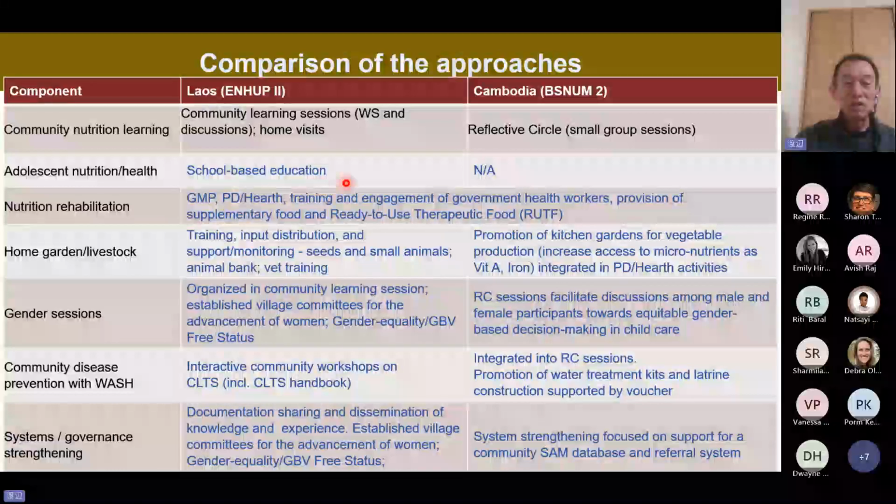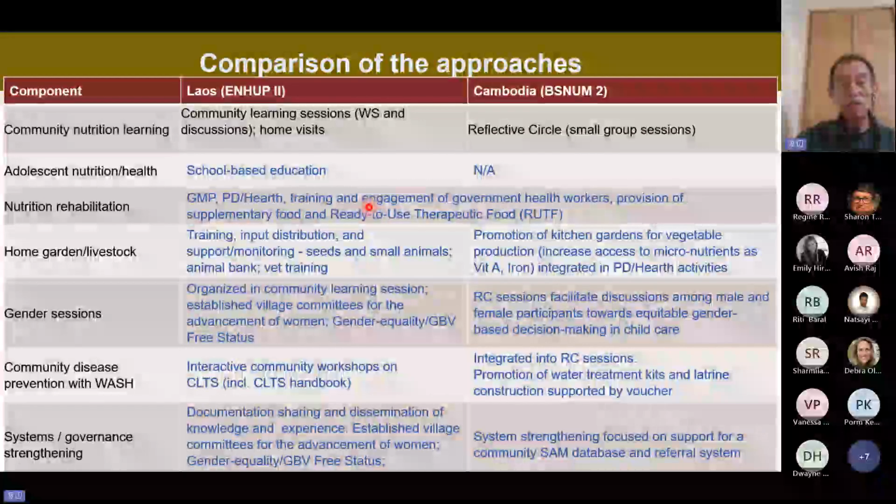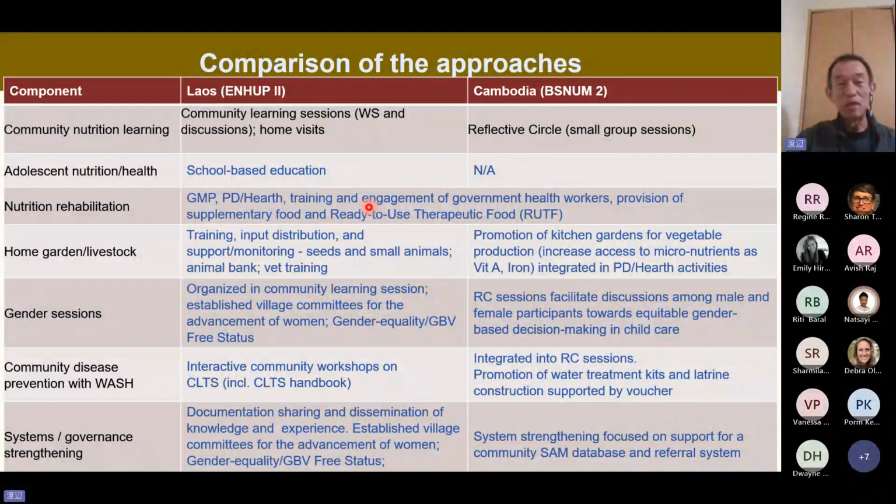The adolescent intervention was only included in Laos, as I already explained. For nutrition rehabilitation, quite similarly, the two countries used the positive deviance hearth approach together with growth monitoring and promotion.